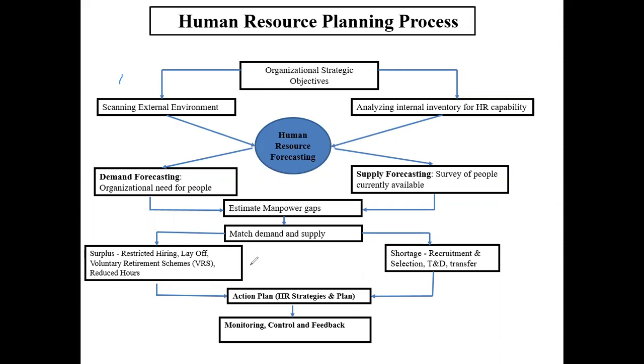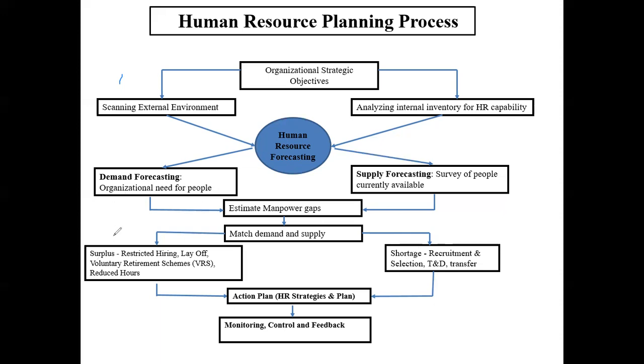You will have to give them some allowance to cater for the new challenges that they are going to face over there, because they are leaving the comfort of their current place and they are going to man a new one. So all these are some of the action plans that you can use to address situations where the outcome of matching demand and supply forecasting results in a deficit or a shortage.